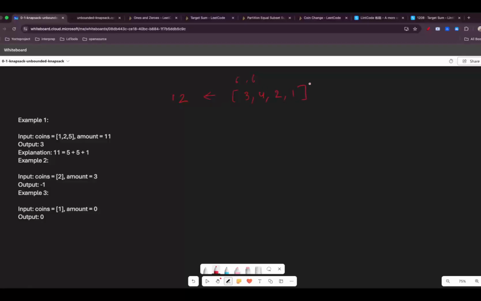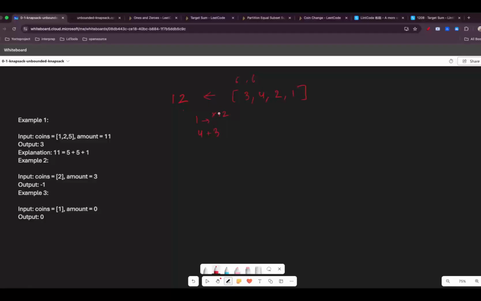Say these are all given to you, and we need to make up 12. If we choose all ones, 1 multiplied by 12, that is so many coins. If we choose 4 plus 3, that becomes 7, and anyhow we just need to add up to 12.